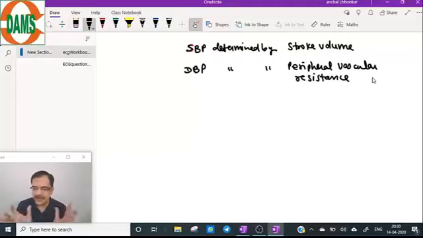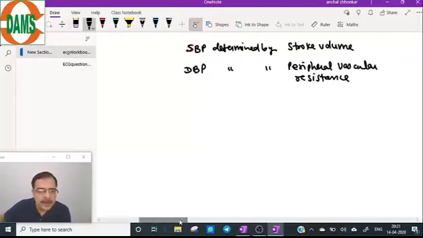So the concept here is that if stroke volume increases, systolic BP will increase. If the peripheral vascular resistance increases, diastolic BP is increased. But how will this peripheral vascular resistance increase? It will increase if there is small vessel constriction, or small vessels are compressed. Basic points. So with the help of these two important physiological points, come to the endocrine causes.